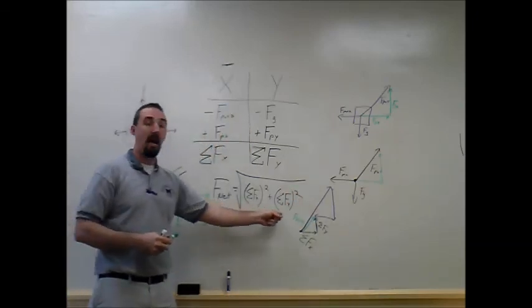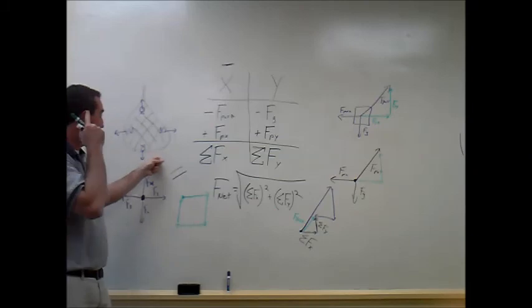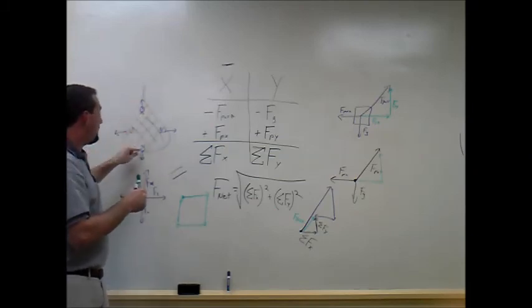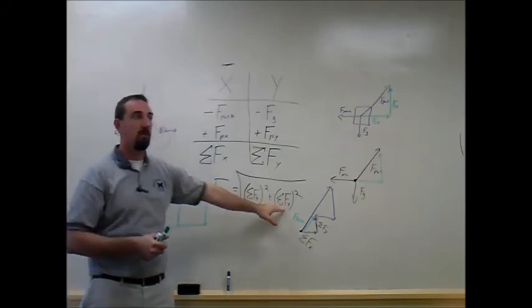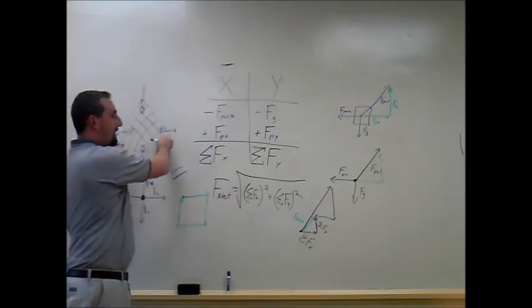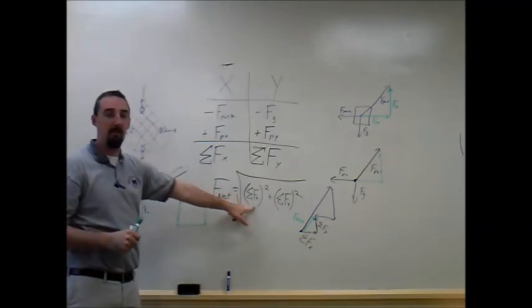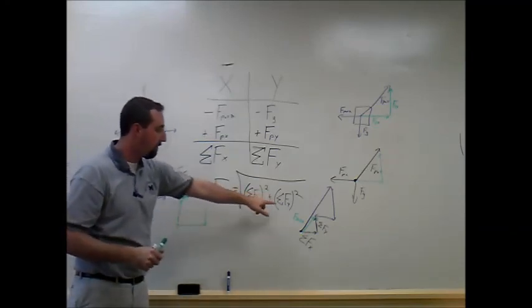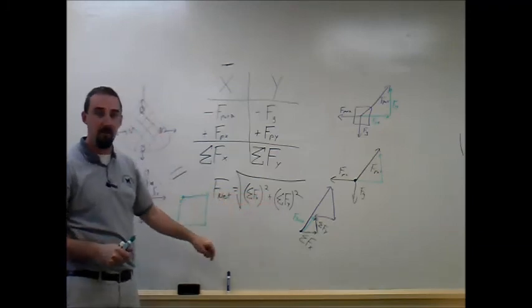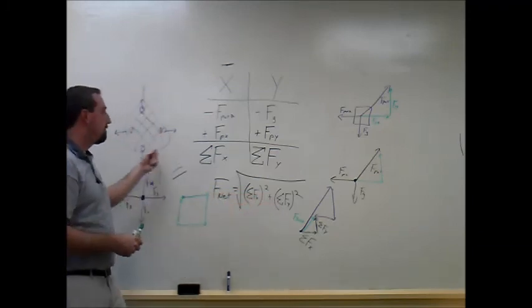Now, if we go backward and apply this to the Nemo situation and say, hey, these canceled out, so the sum of forces in the y was 0. These canceled out, the sum of forces in the x was 0. 0 squared plus 0 squared is 0. My favorite number. We're all done.